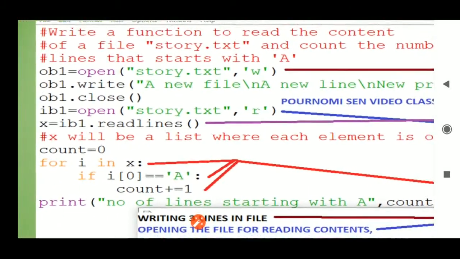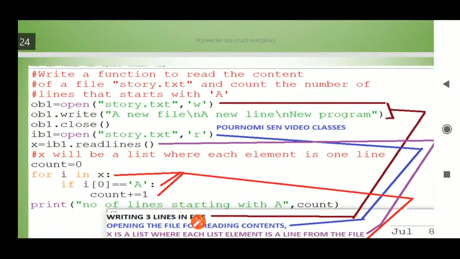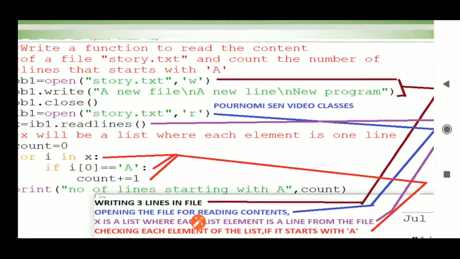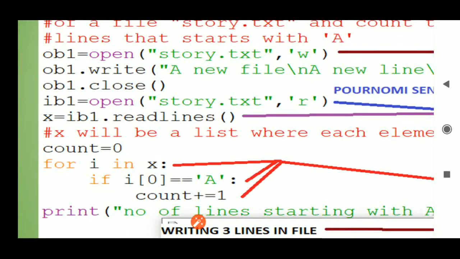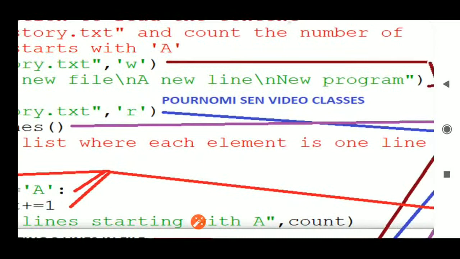Next, what we are doing, x equals ib1 dot readlines. We know what the readlines function does. It reads the entire content of the file line by line and stores it in x. That means it's reading 3 lines and storing them in x, so x will be a list where each element is 1 line.